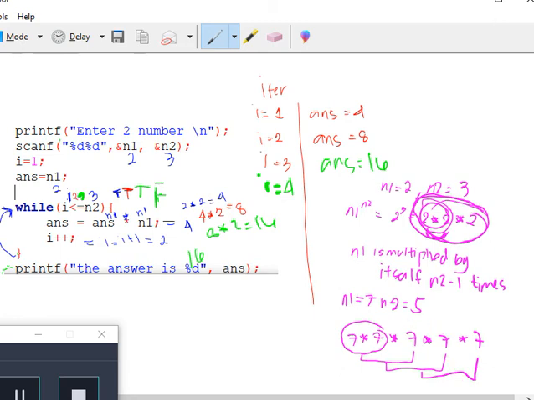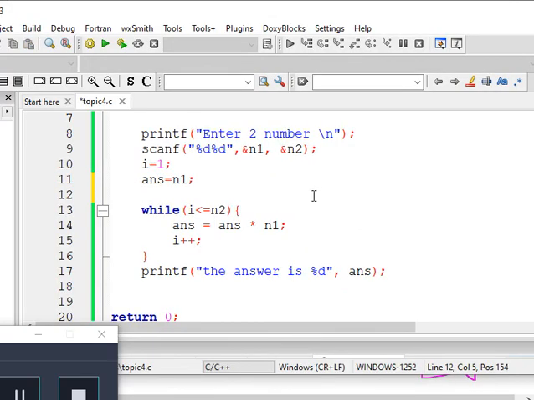So sa ato pa, this 7 is like multiplied n2 minus 1 times. So in this case, unsa man natong i-edit sa atong code, instead na n2, minus ta diha og 1.